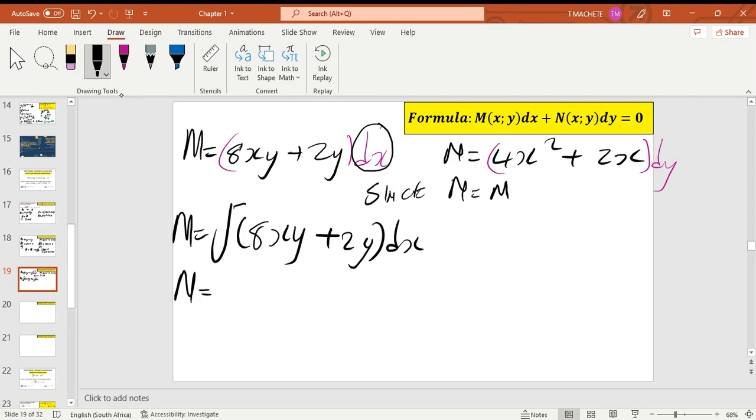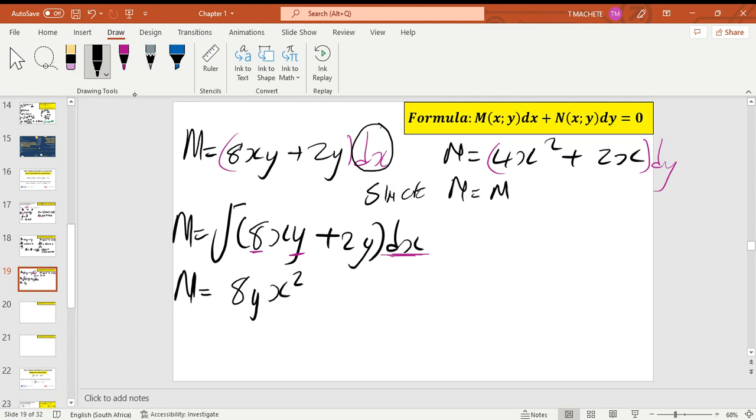So the integration of this with respect to x, you see here, dx tells you that you have to only focus on the x functions. So 8y, in this case, is going to be a constant. Let me write 8y. 8y is a constant. You only focus on x.